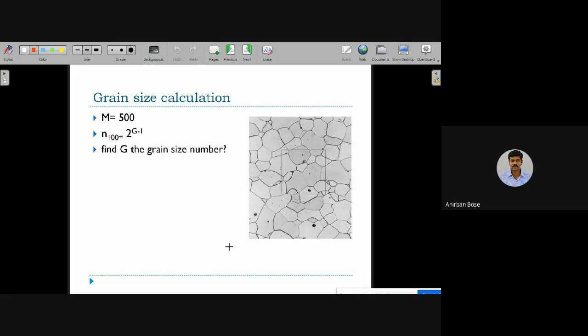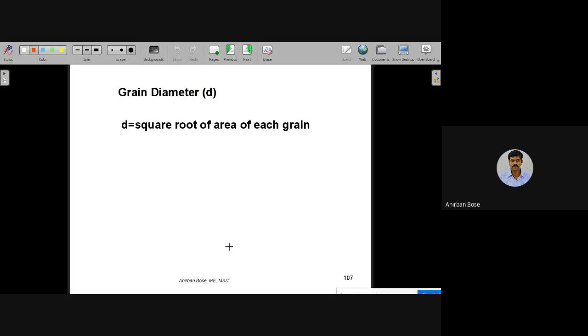So this problem we have already seen. Now another thing is the grain diameter. Grain diameter, you remember, is simply defined as the square root of the area of each grain. So if you can find the area of each grain, the square root of that area is the grain diameter. How can you find the area? That is very simple.